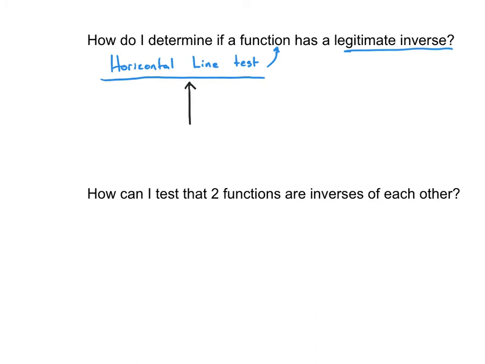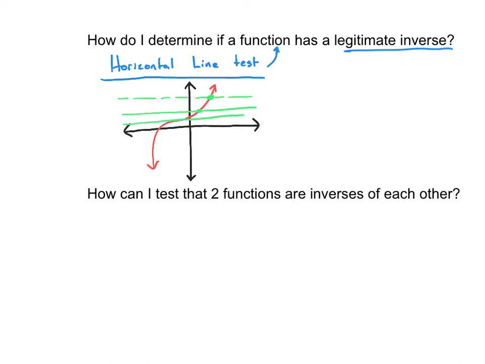Okay, so every function has what we'd say an algebraic inverse, but does it graphically look the same way? So for a horizontal line test, if I had a function like this, I'm literally going to just throw a horizontal line in here. As long as it only crosses the graph at exactly 1 point, we're good. If it crosses more than 1 point, it has maybe what looks like an inverse, but it's not going to be a true inverse.